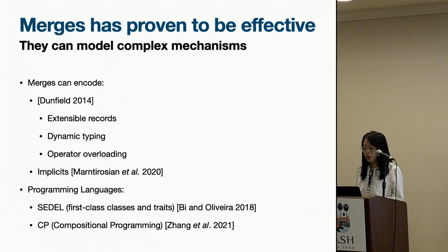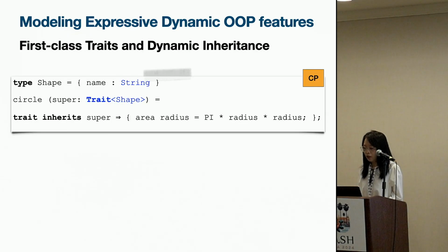And recent research has further shown programming language designs such as Gradual CP based on a variant of the merge operator. And this design enables some advanced OOP features such as first-class classes. In particular, a calculus or language with the merge operator can model dynamic or object-oriented programming features such as first-class classes and dynamic inheritance, which are supported in TypeScript.